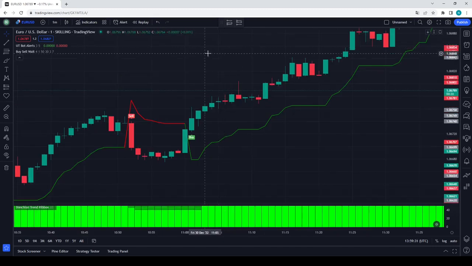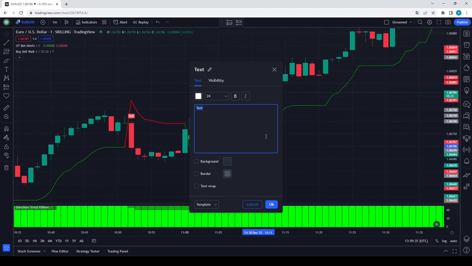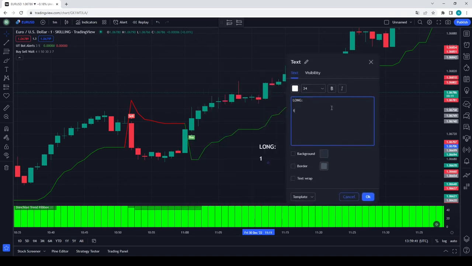So what are the signals for a long signal? Let's quickly write that one down. So for a long trade, we want first to have a long signal, obviously. Then the second condition is that this line over here has to change its color from red to green.